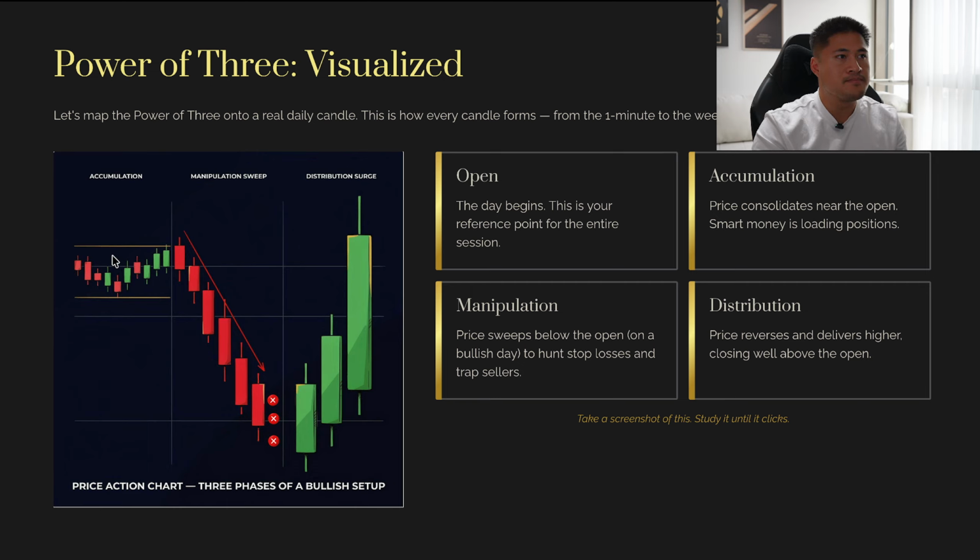So basically ranging. What then happens after that accumulation phase is you will see a manipulation sweep, which means, for example, in this bullish example right here, we have massive momentum downwards, okay? Because smart money is trying to get a better price for buying, right? So what they do is they sell massively to trap retail traders and early breakout traders into thinking, oh, the Nasdaq is falling.